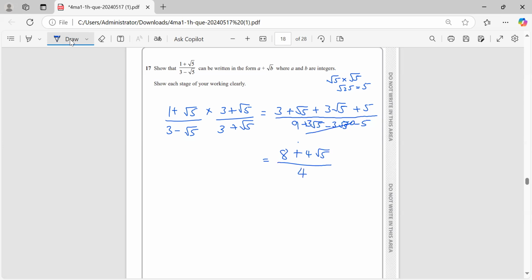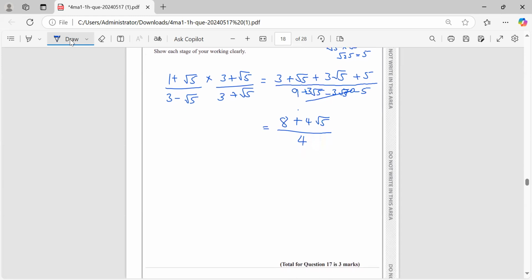All right. So in other words, I now have this 4 as a common denominator for 8 and 4 root 5. So it just looks like this: 8 over 4 plus 4 root 5 over 4. If I divide this 4 into the numerators, 8 divided by 4, I get 2.